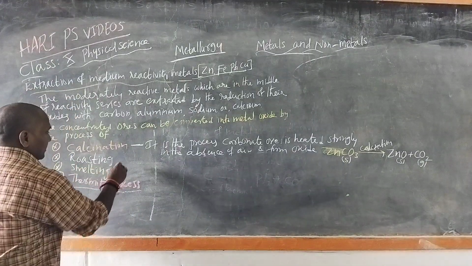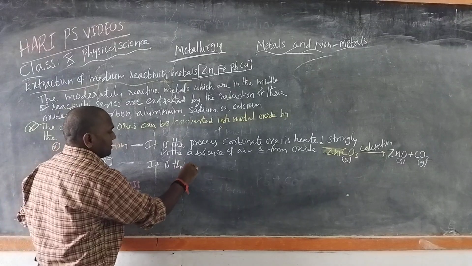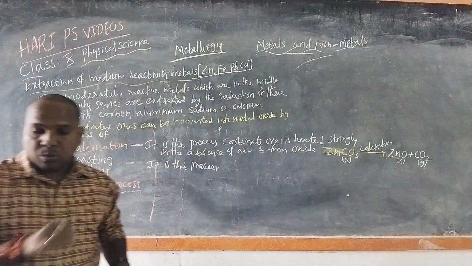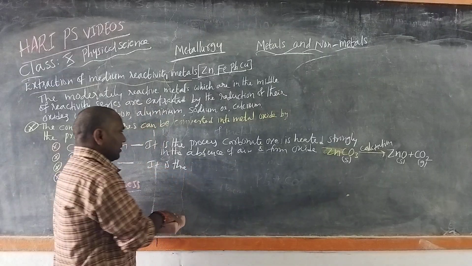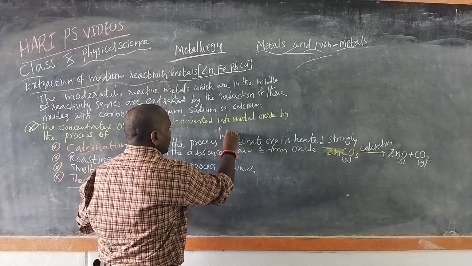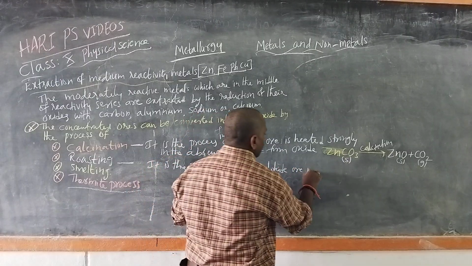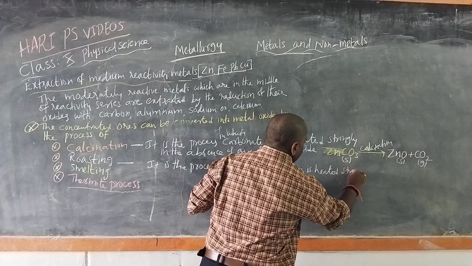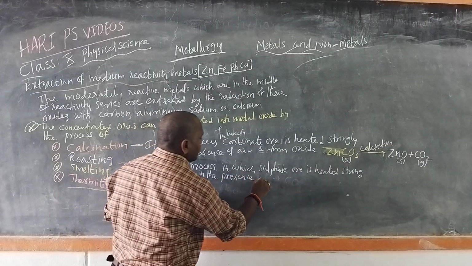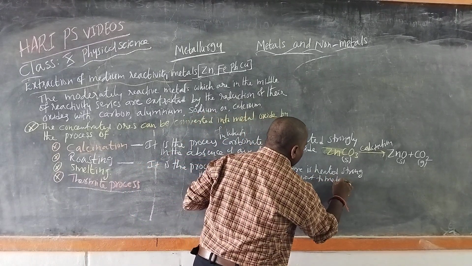Right. Then roasting. Roasting is the process in which sulfide ore is heated strongly in the presence of air and converted to metal oxides.